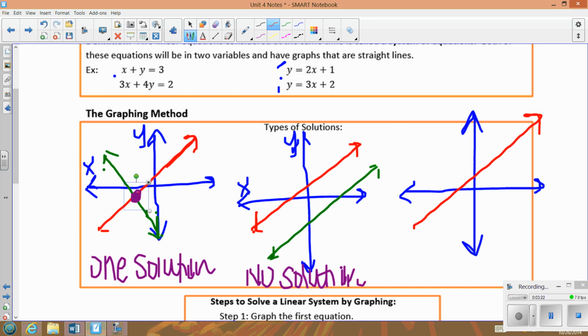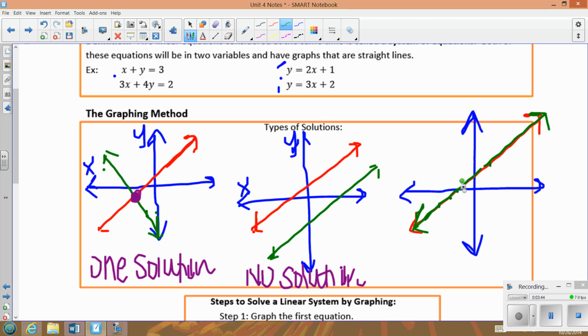And then the last scenario is what happens if you get one equation, you graph it, so you get this graph, and then you get your second equation and it ends up being exactly on the line. So it ends up being the same equation. In this case, every single point along both of these lines is going to be a solution to the system. Every single point, every single x and y value will work in both equations.